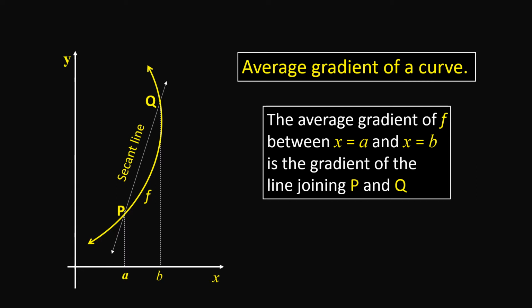The average gradient of the function f between x equal to a and x equal to b is the gradient of the line joining P and Q. And we know how to calculate the gradient of a line when we have 2 points.